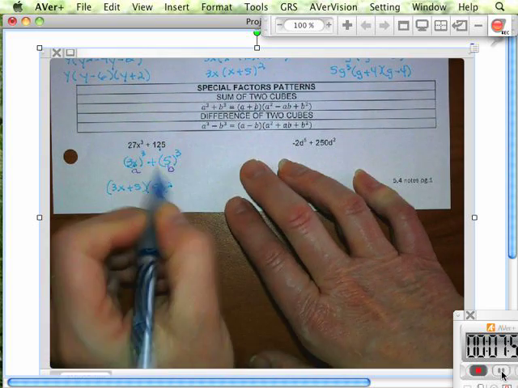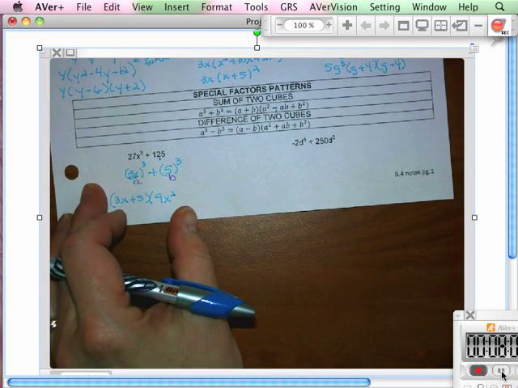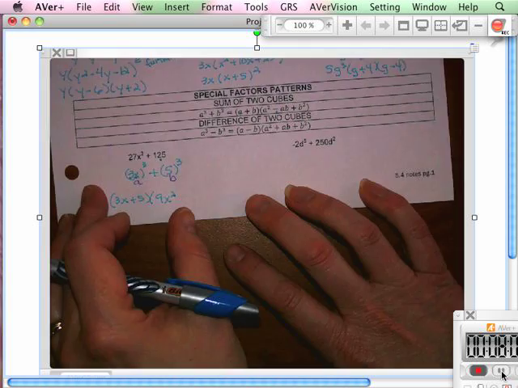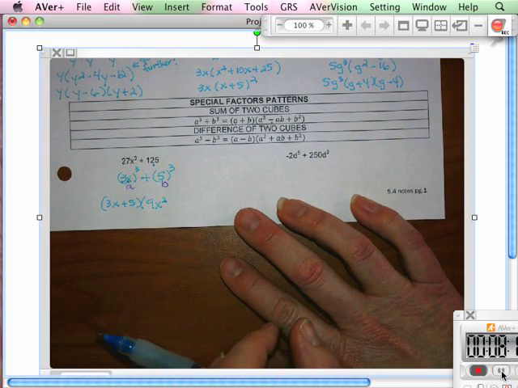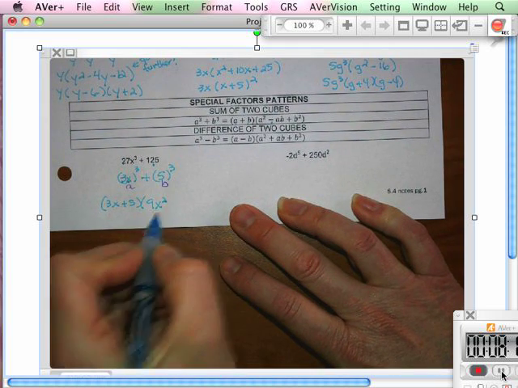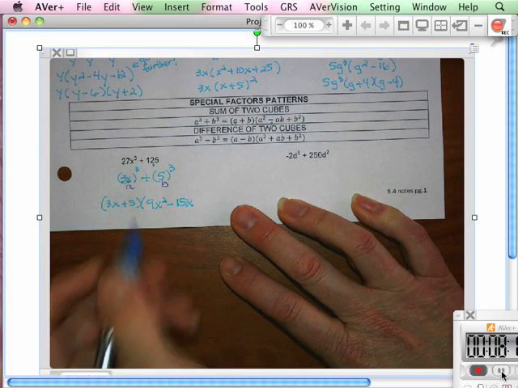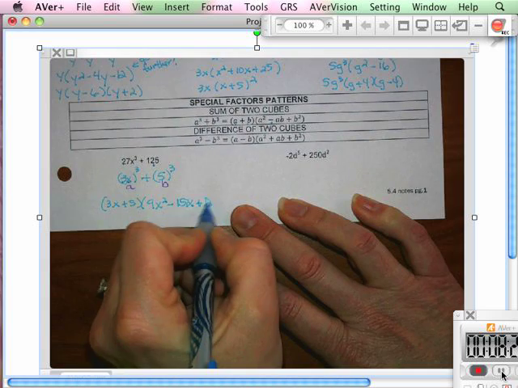And then I'm going to minus it by A times B, so that'd be 3x times 5, which is 15x. And then I have to add to it the square of B, so I want to write plus 25.